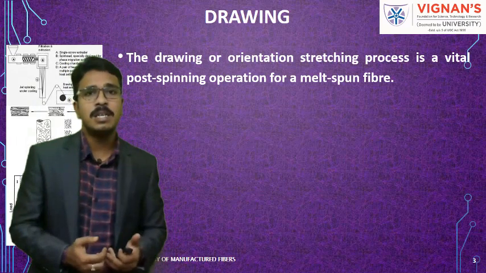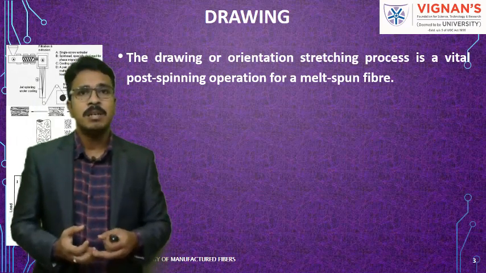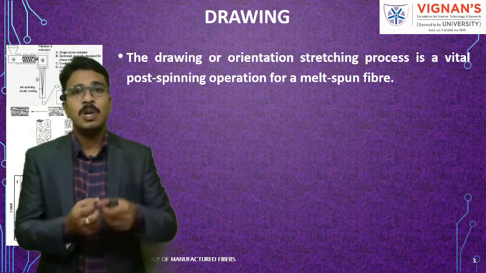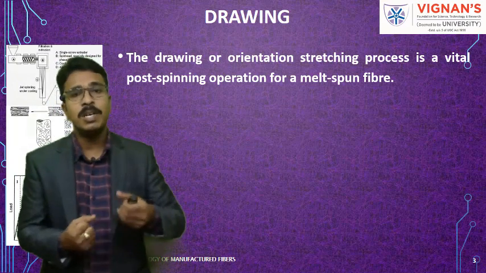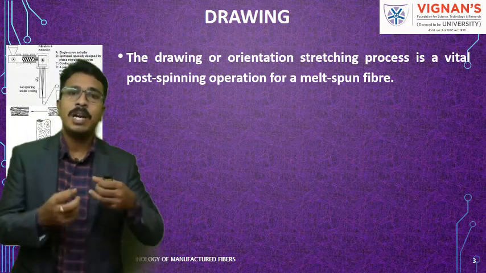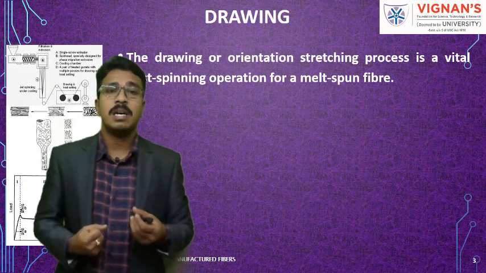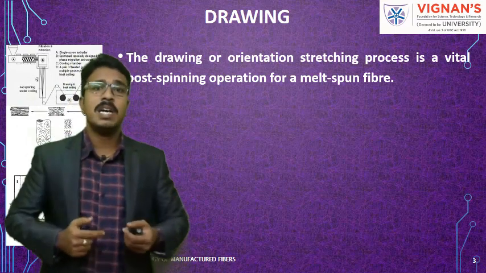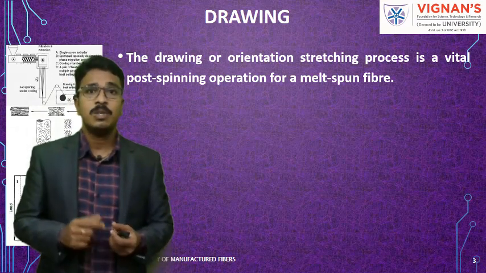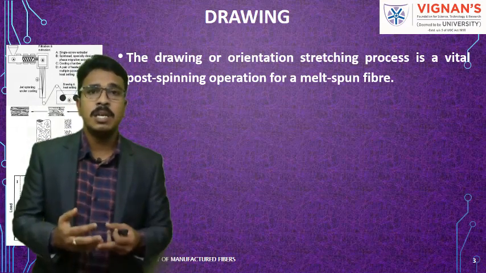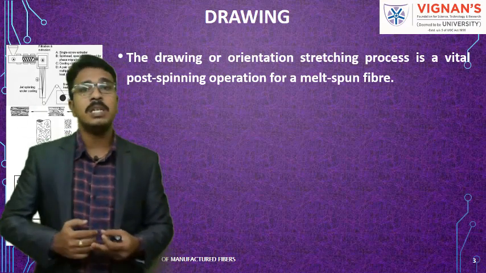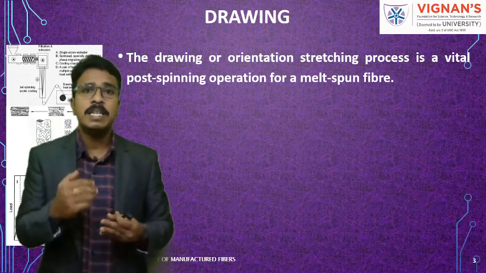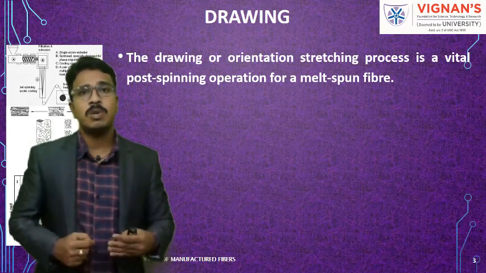Drawing is where, soon after the filaments come out from the spinneret, we stretch them. While stretching, the molecular chains orient along the axis of the filament, which increases the strength and the crystallization rate of the filament. That is the main purpose of the drawing process.